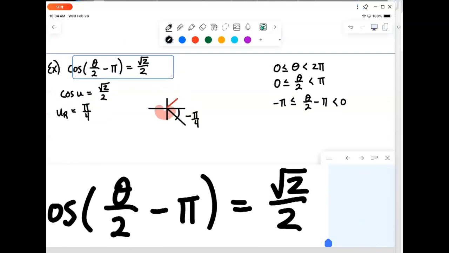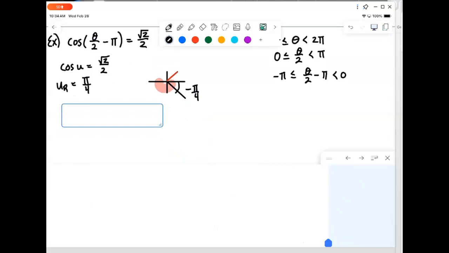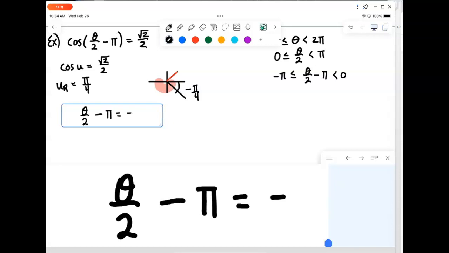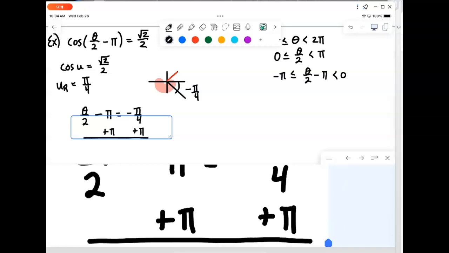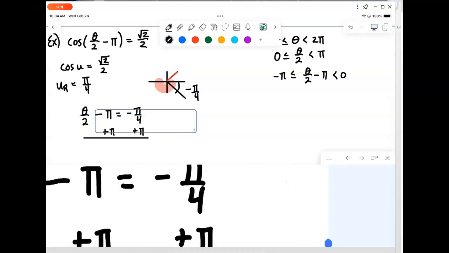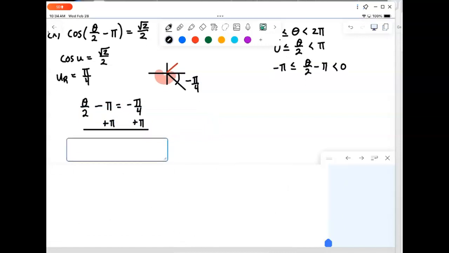And then we can go back and set the original angle equal to that value. In this case, just the one value. So theta over 2 minus pi equals negative pi over 4. And then we solve that equation for theta. So that means we're going to have to add pi to both sides. And when we do this addition, we think of that as negative 1/4 plus 1.